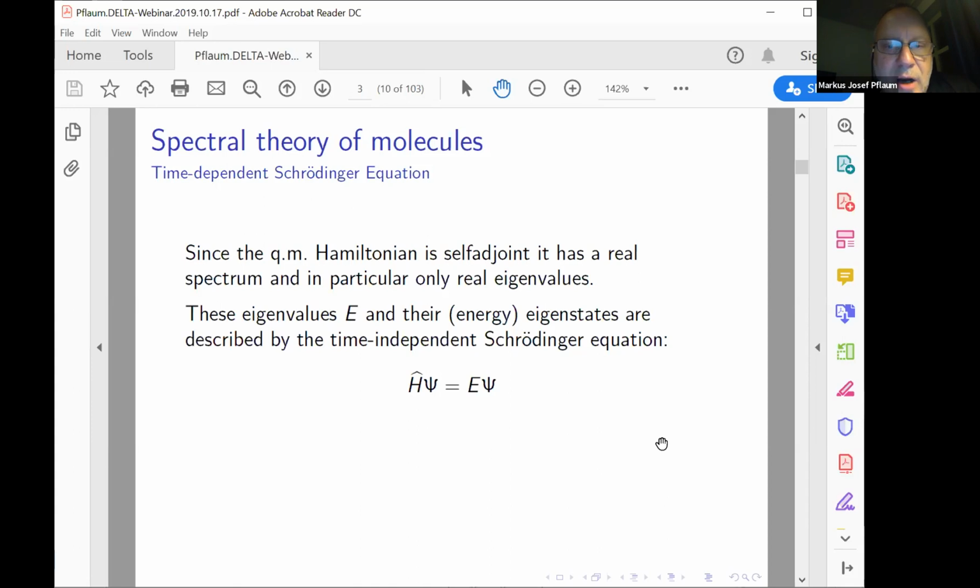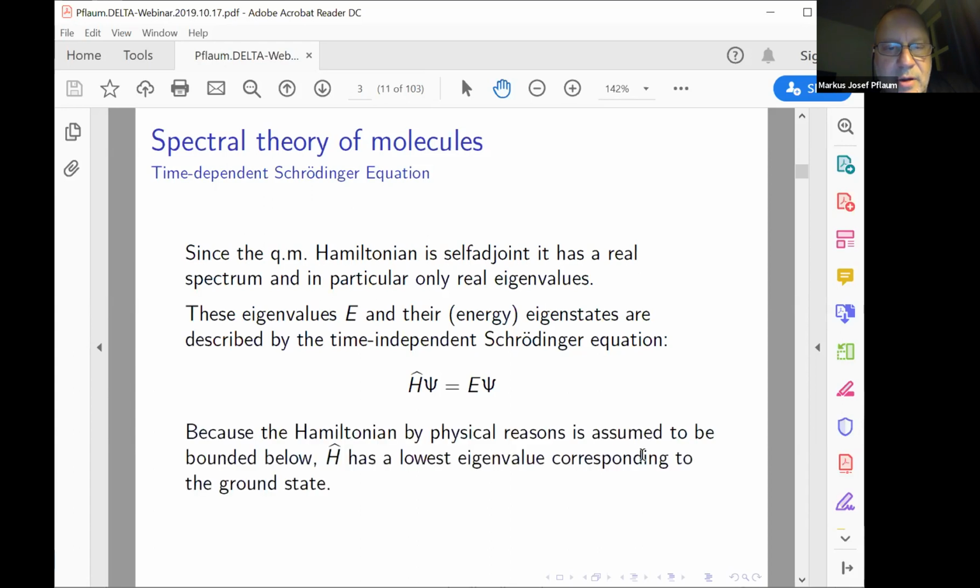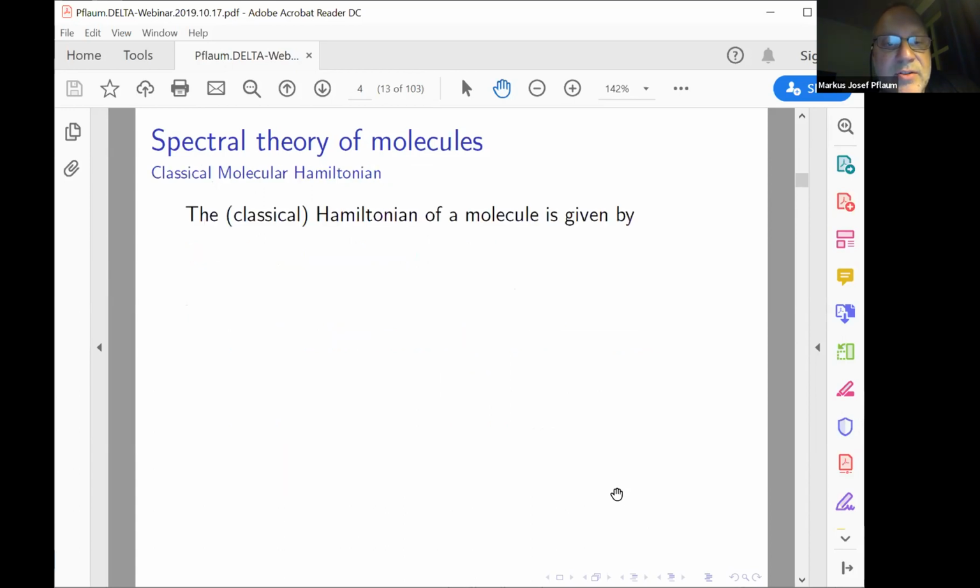For those who are interested, I have some notes on my webpage, so just ask me and I can send you the precise link about spectral theory of operators. The Hamiltonian is assumed to be bounded below, for physical reasons, and there's always a lowest eigenvalue, which corresponds to the ground state.